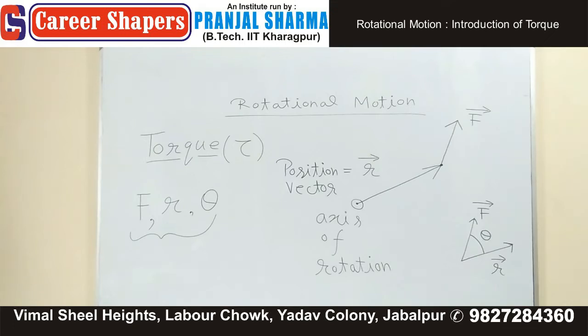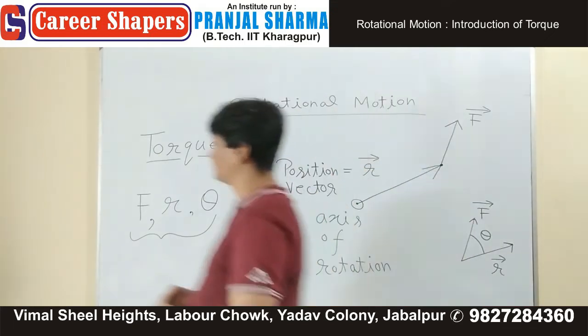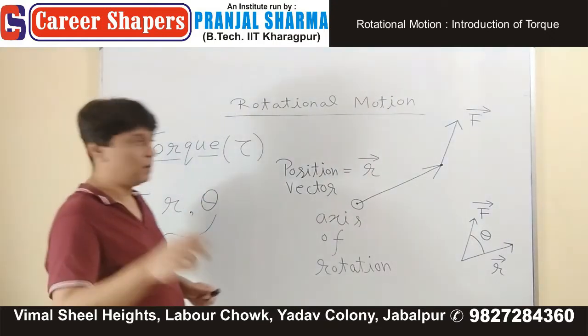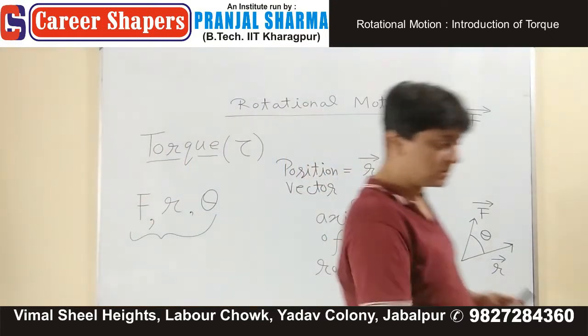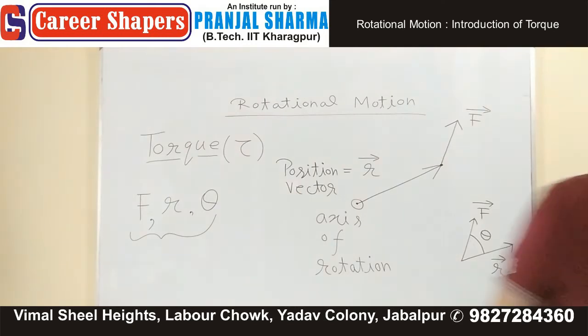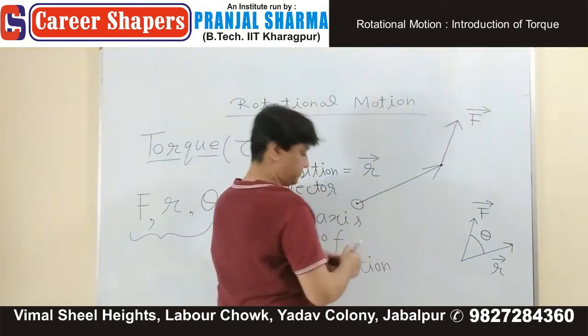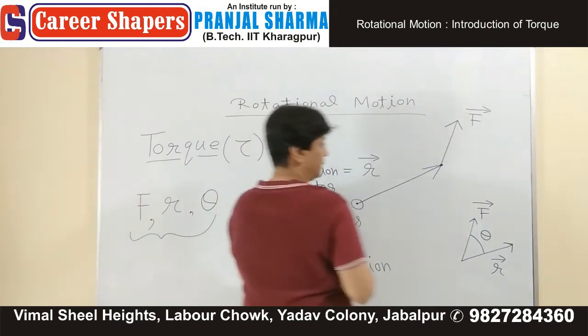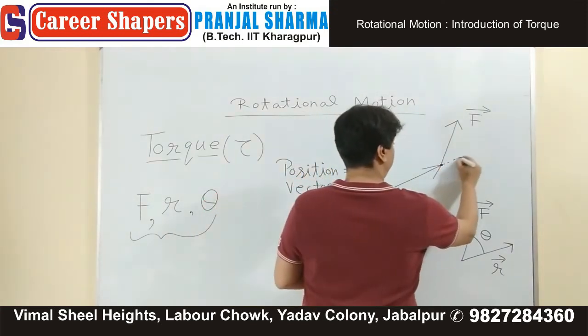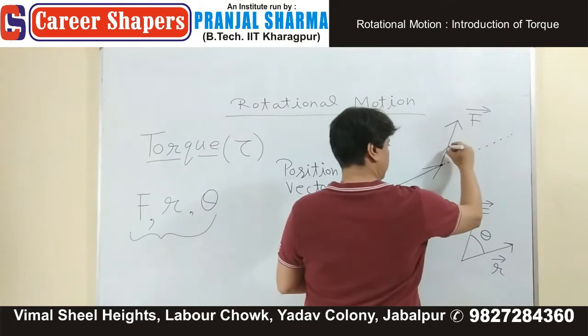For finding the angle between the vectors, their tails should be joined together. Now, once I say this is the angle theta, this theta in this setup is this one.